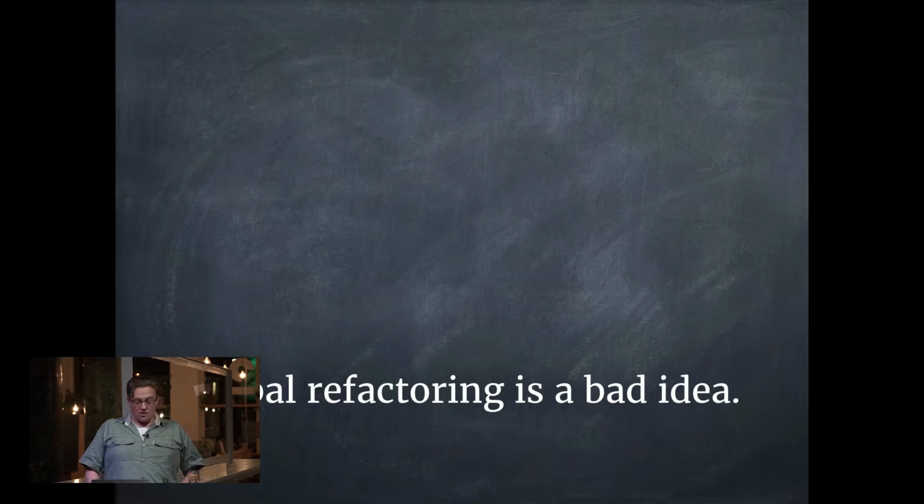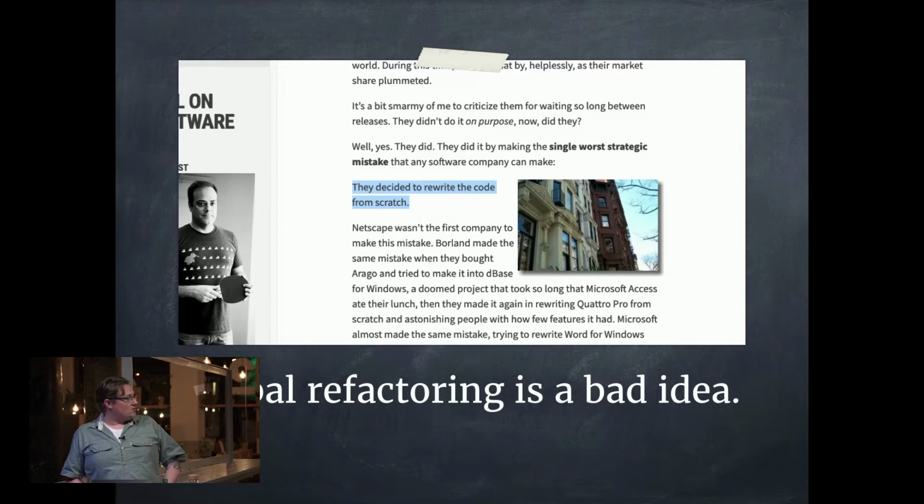There's a ton of articles online about why this is such a bad idea. I have a few examples here. For example, Joel Spolsky, well-known developer, has an article on his website where he said they did it by making the single worst strategic mistake that any software company can make. They decided to write the code from scratch.